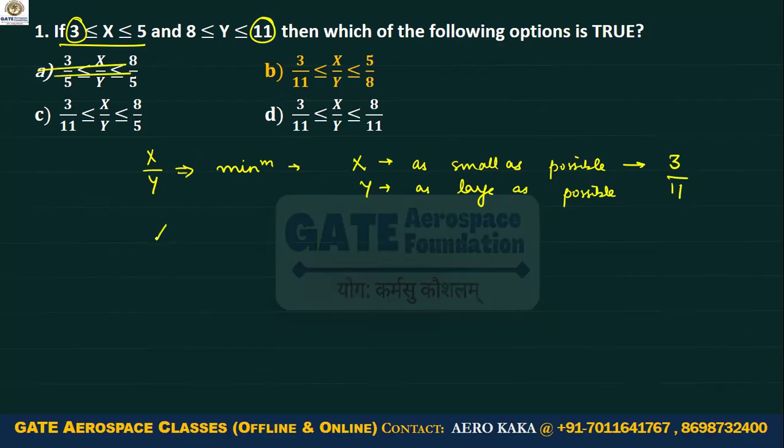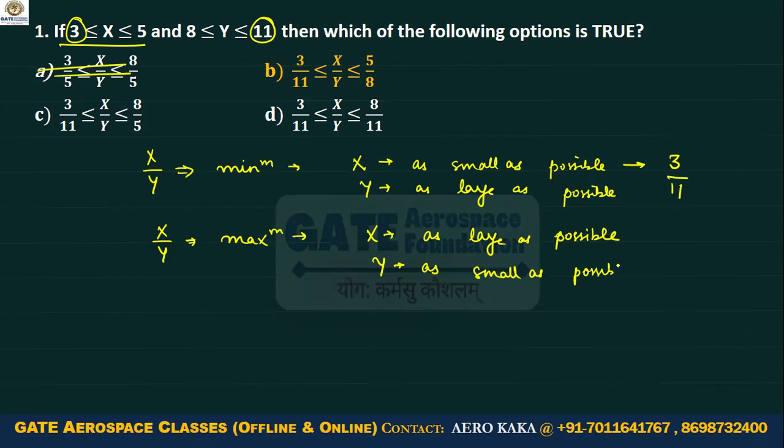Now, the second case is when is x by y maximum? The x by y is maximum when x is as large as possible, that is, the numerator is as large as possible, and the denominator is as small as possible.